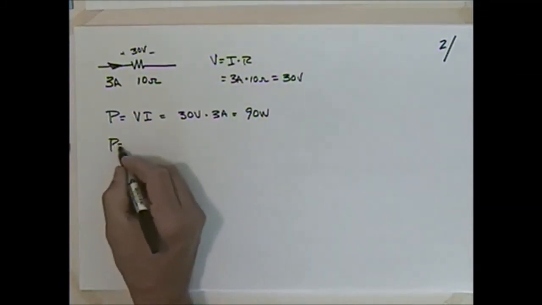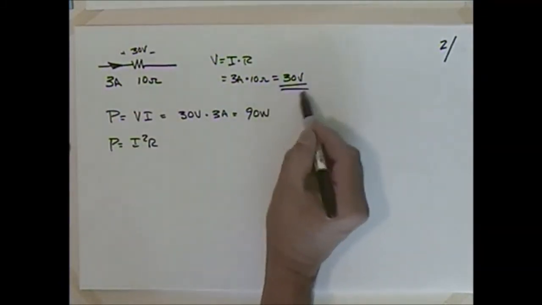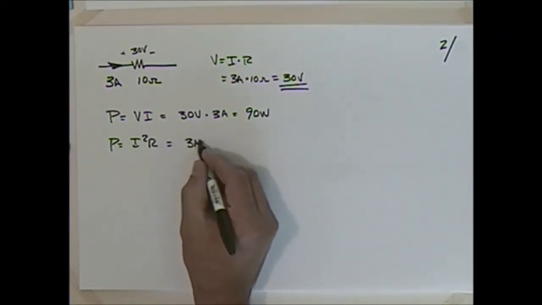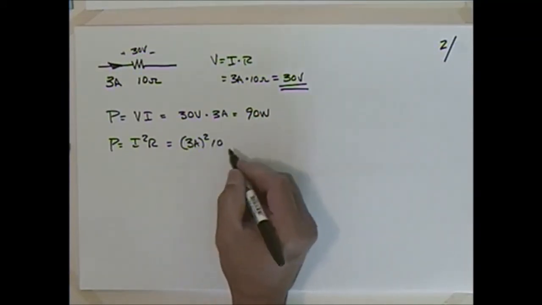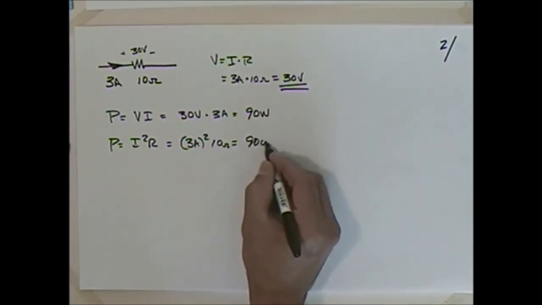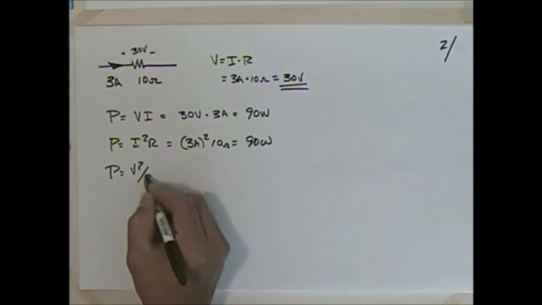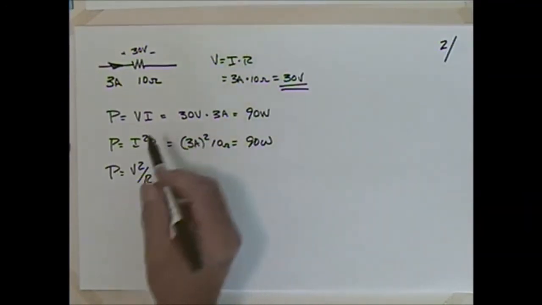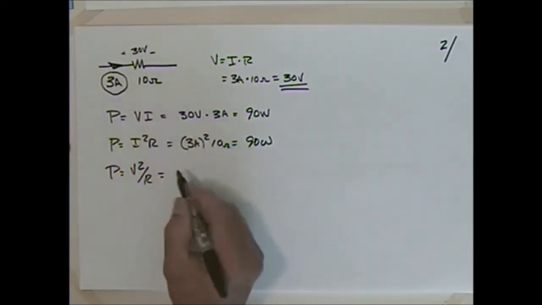Or we could use I squared R, so we wouldn't even necessarily need to have calculated that. We could just say I squared, so 3 amps squared times the resistance of 10, which is going to be 90 watts. Or we could finish up with V squared over R. Let's say that we didn't necessarily know the current; we were given the voltage.